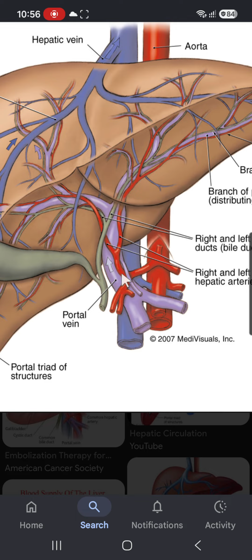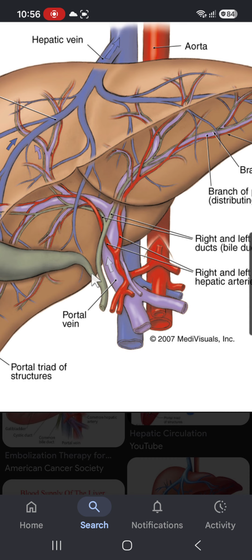The proper hepatic artery is said to cross the portal vein anteriorly. So it crosses anterior to the portal vein to enter the liver, okay? And then here is the CBD, right?